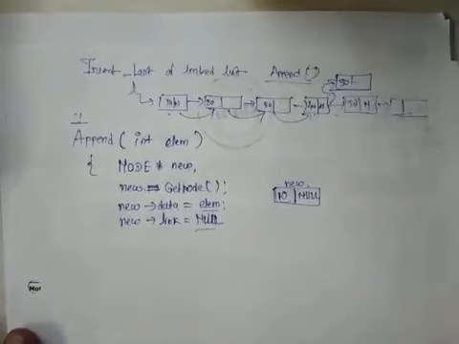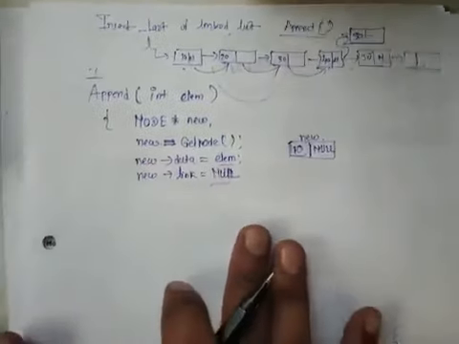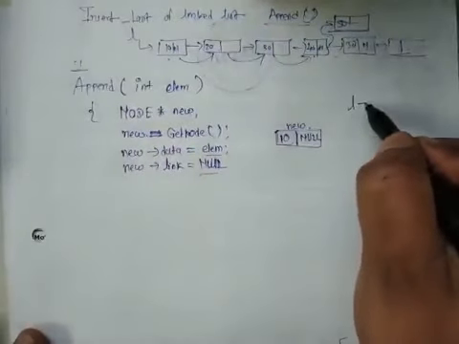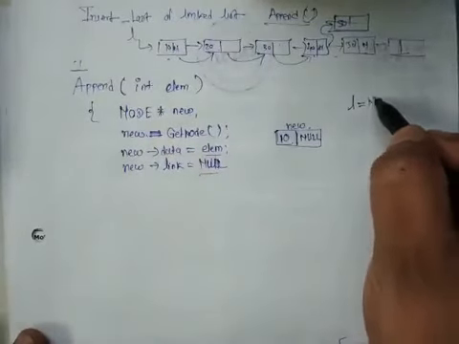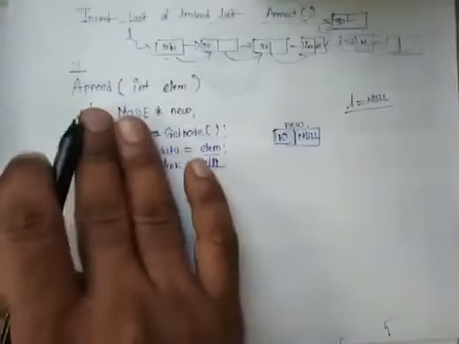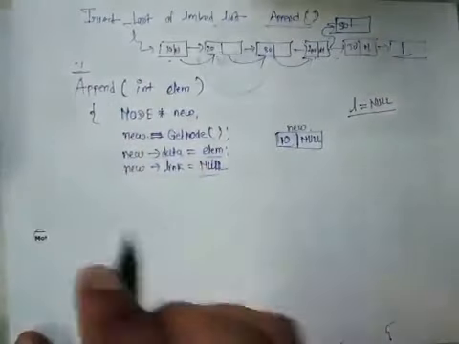Now after assigning this, I am going to check. There may be a possibility that you just created your linked list, which means L is pointing to null, and you call the append function. You must consider that condition.